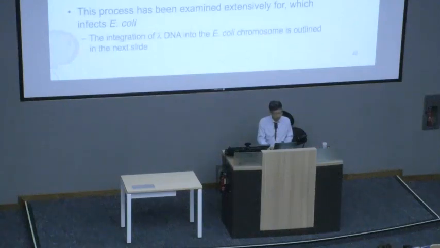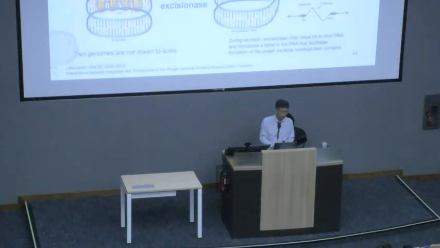For example, the phage, right? The phage genome, this is the lambda phage, then this is the bacterium, right? They can integrate into the bacterial genome through this very small region of homology. Actually it's identical.